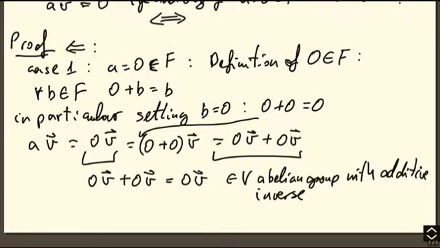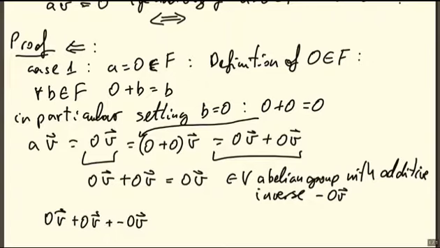The additive inverse is usually denoted by minus. So we add this additive inverse to both sides. Well, usually we write minus, but this is supposed to be really defined as plus the additive inverse.